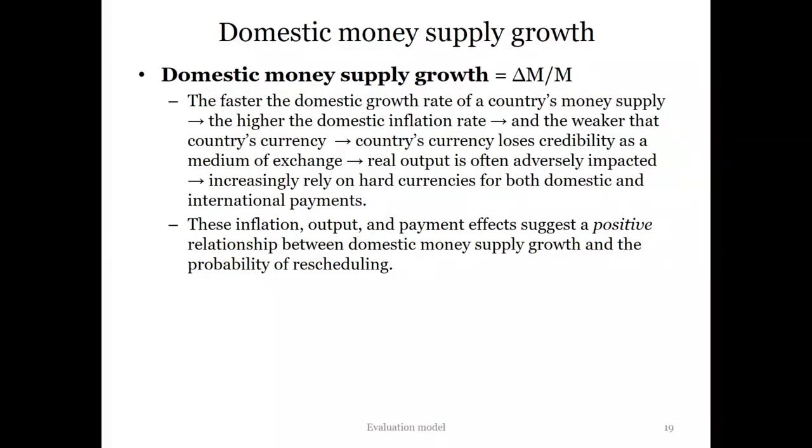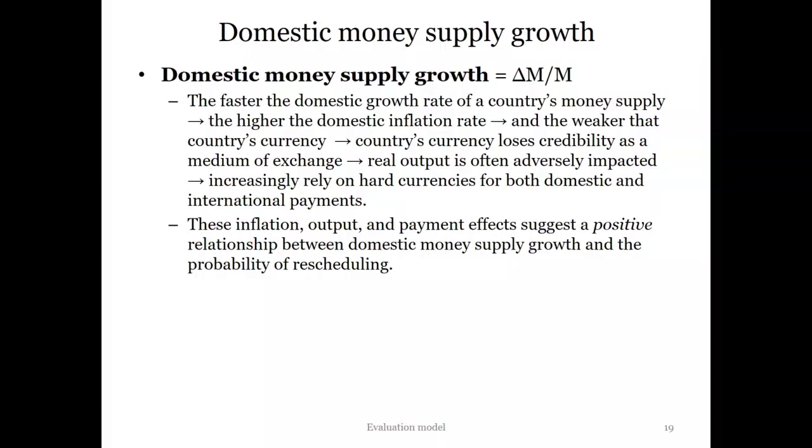So we are talking about how much money the government prints every year, right? So again, this is related to macroeconomics 101. So when a government prints a lot of money, that's what happened in Zimbabwe, they experienced very high inflation, right? So that means the country's inflation is going to be very high.